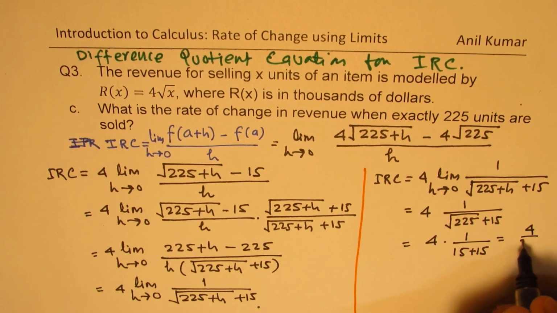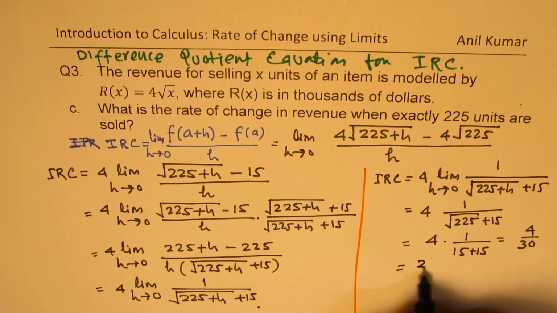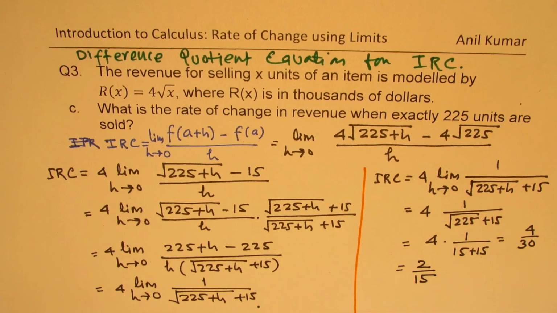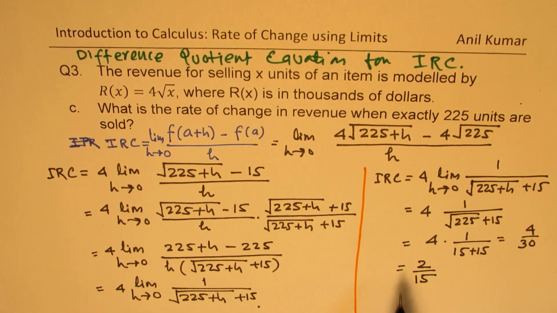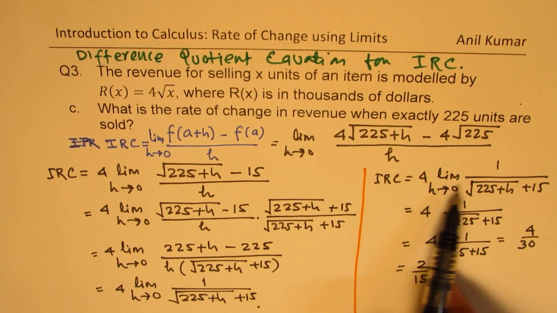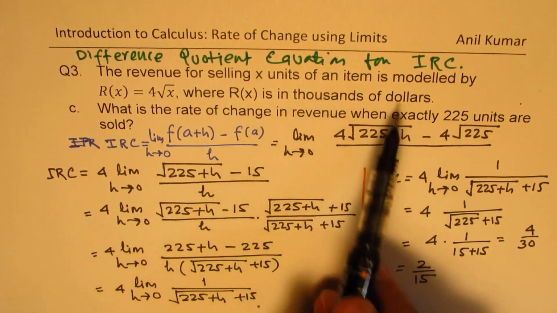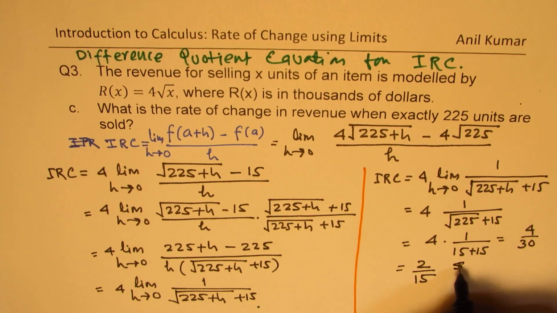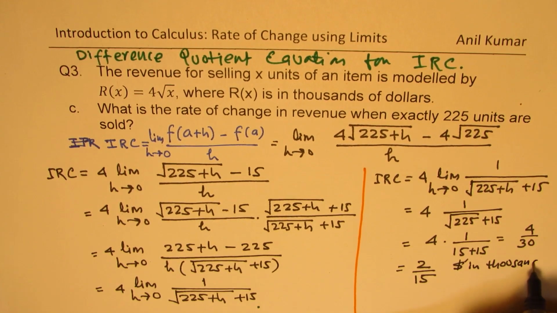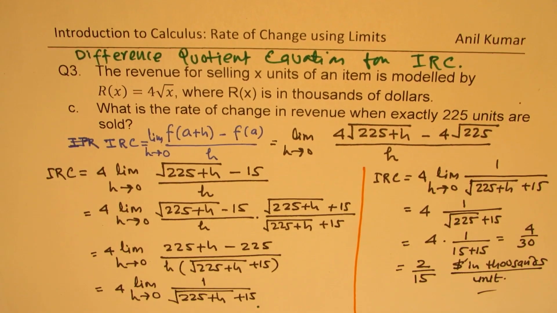Which is 4 over 30, or 2 over 15. So we get 2 over 15. The units of the instantaneous rate of change will be dollars in thousands per unit, correct? So that is what we get as the instantaneous rate of change in the given example.